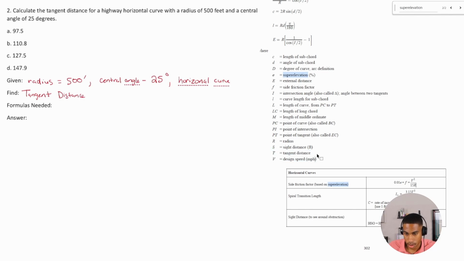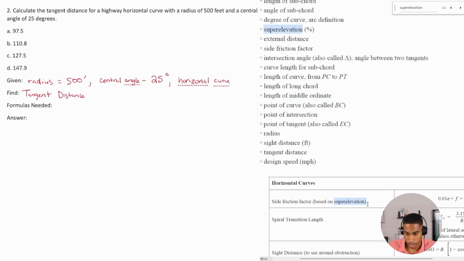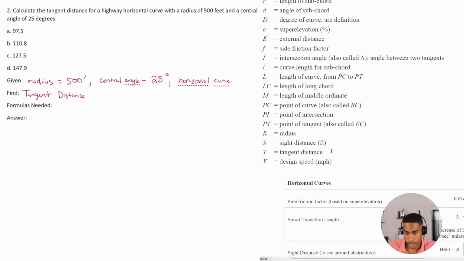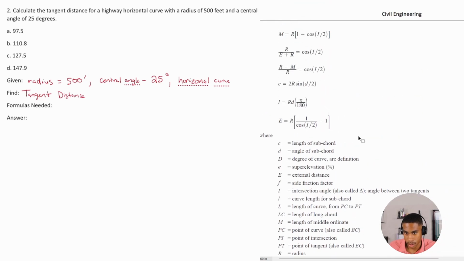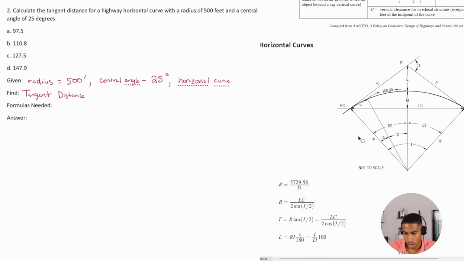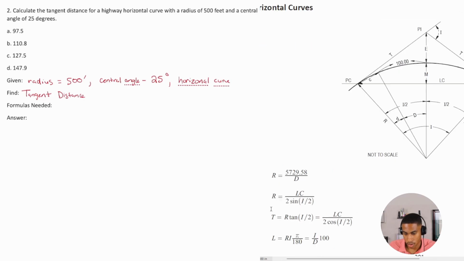So I'm in here and I see that T stands for the tangent distance. So any formulas with T in it may help me. So T is equal to R tan I divided by 2.